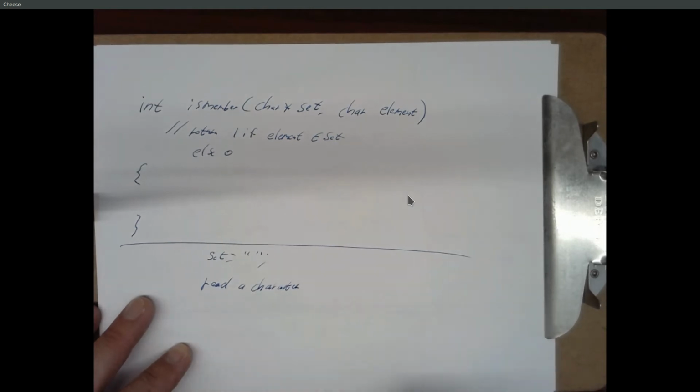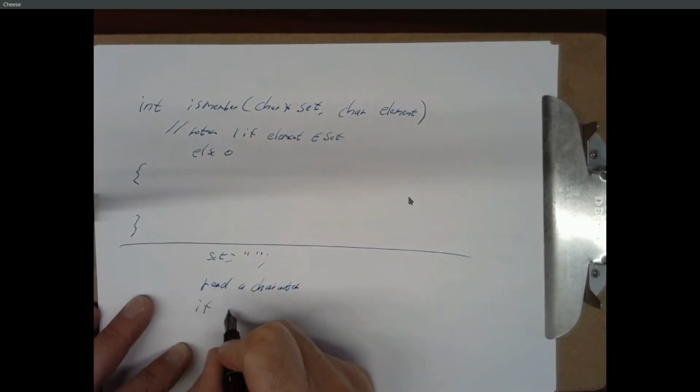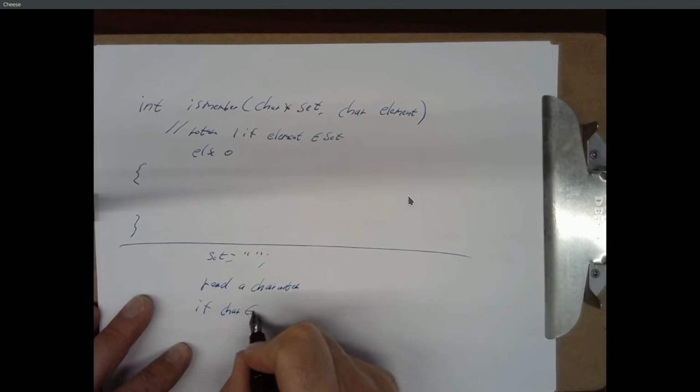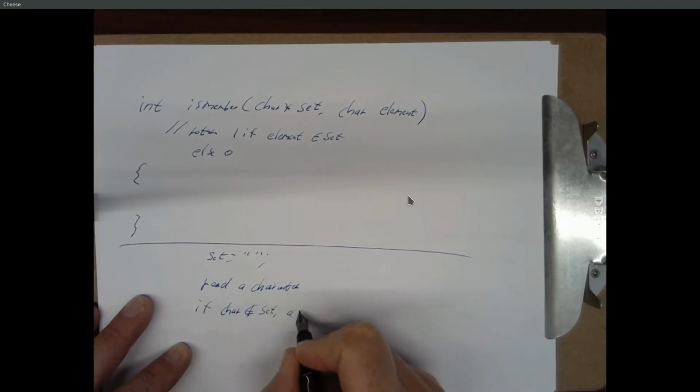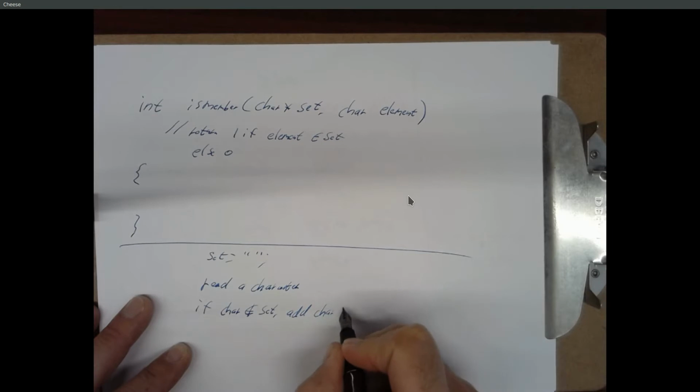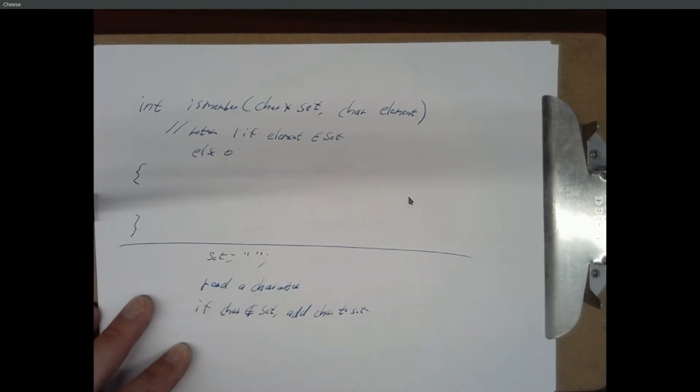Read a character from the user. And if that character is not already in the set, add it to the set. And just keep looping until you reach the end of the input.